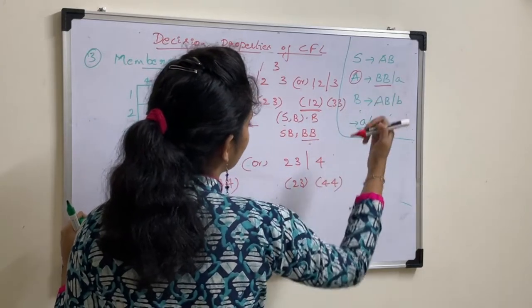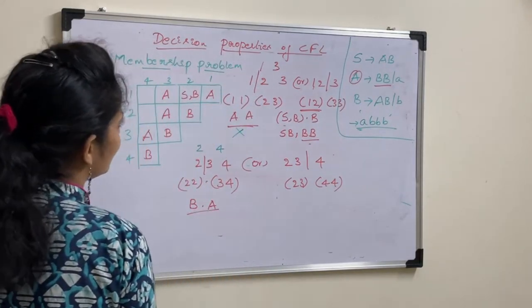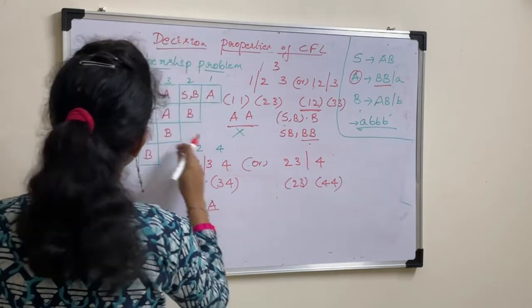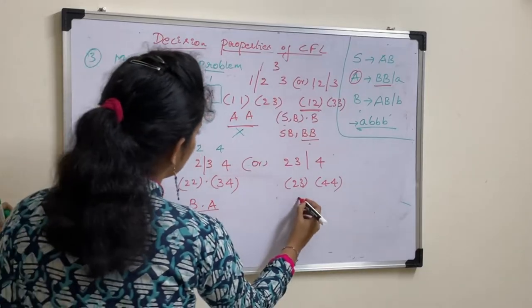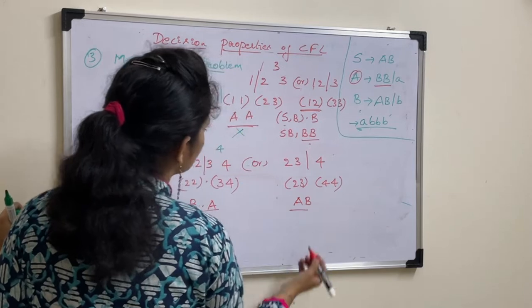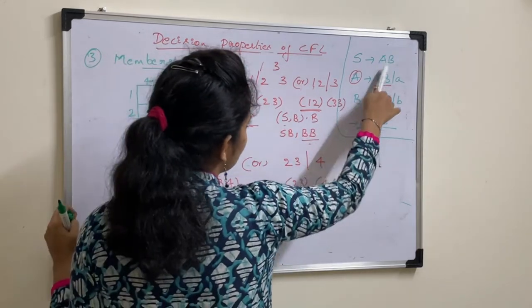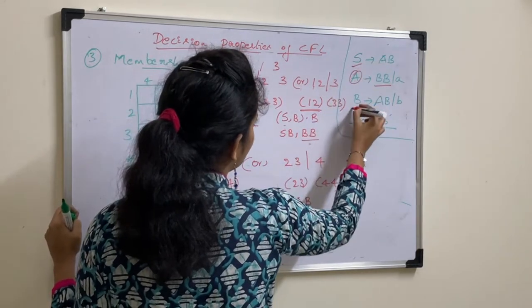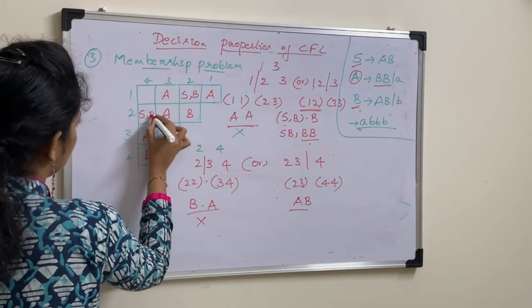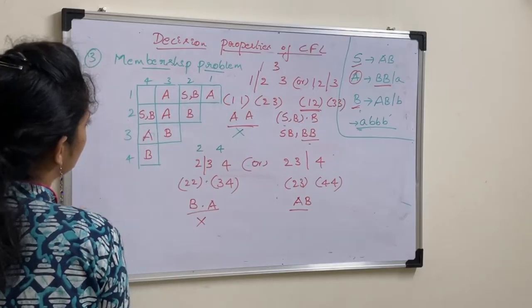BA is not derived in the RHS of any production, so leave it like that. Now take 2 3 and 4 4: 2 3 means A, 4 4 means B. Check AB. AB is derived by S and B. So write S comma B in place of 2 4.